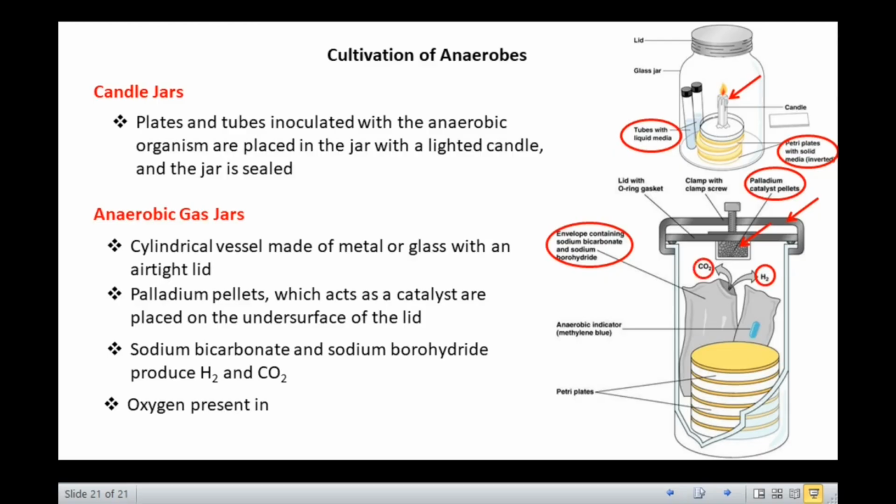Oxygen present in the air reacts with hydrogen and is reduced to water. This reaction is catalyzed by palladium. Thus, the air inside the chamber is devoid of oxygen and becomes anaerobic. This is indicated by indicator strips which change the color when the conditions inside the chamber become anaerobic.